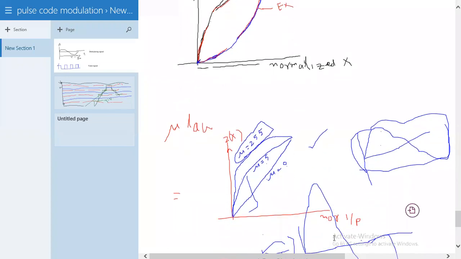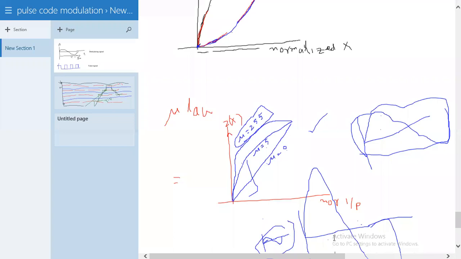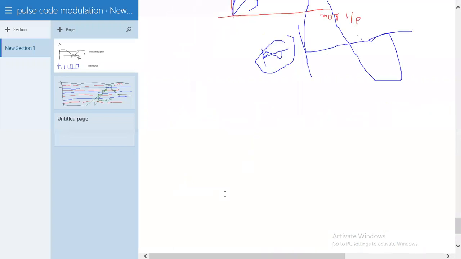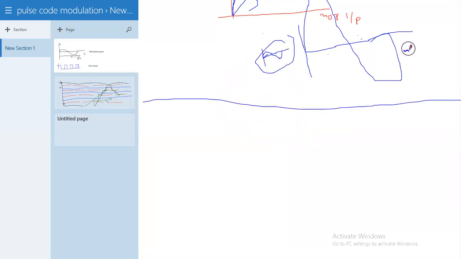Now observe A law companding. For A law companding, what are the characteristics? The characteristics are like this.